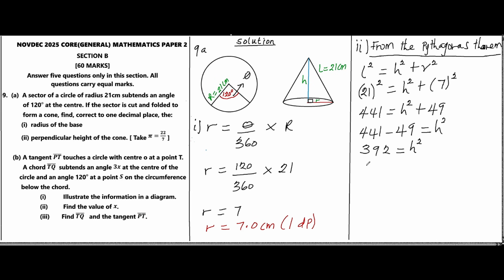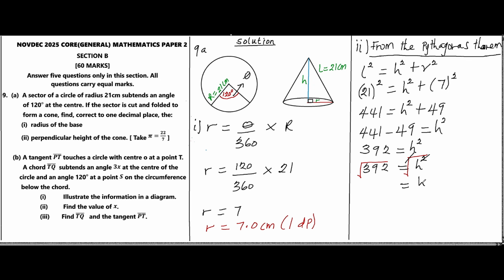We are looking for h, not h squared. So we have to take the square root on both sides. So square root of 392, square root of h squared. Once we do this, the square root and the square will cancel out.